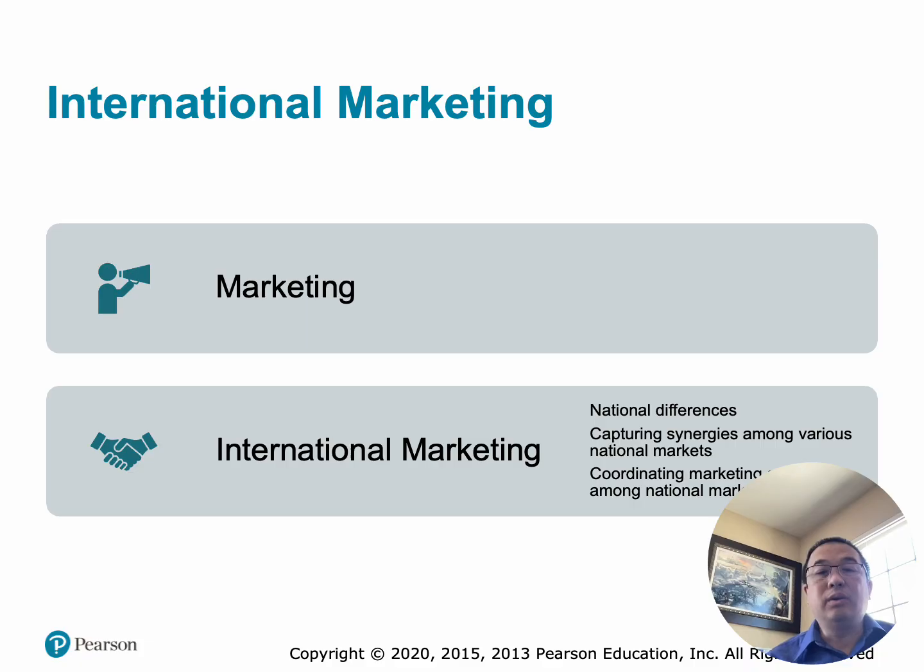Number 3, coordinating market activities among national markets. International companies must coordinate marketing efforts across countries. They must decide whether to do standardization, which is using the same marketing strategy everywhere. The advantages of this would be lower costs, consistent global image, and easier management.